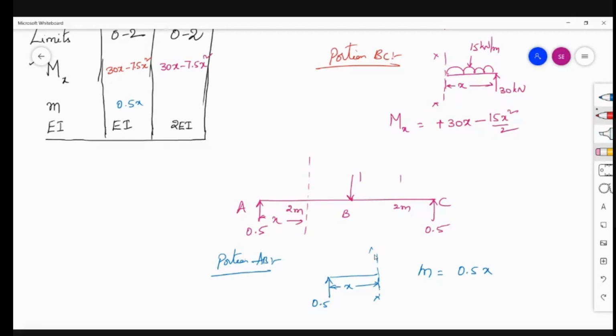Similarly, consider a section at a distance of x from C. So coming to the portion CB also, the free body diagram, this is 0.5. The distance is x, and small m is nothing but sagging only. Why?